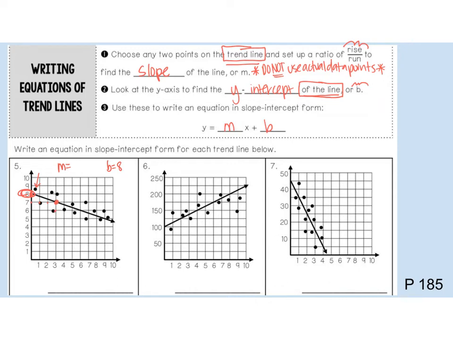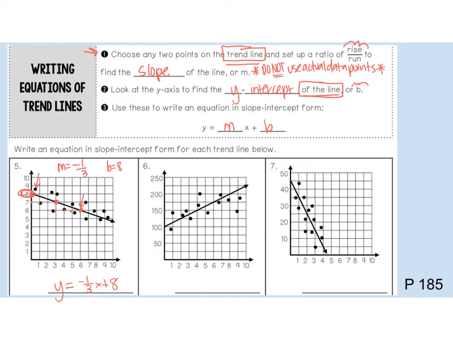I drop 1 and run 1, 2, 3. And again, there's not a data point here, but we're following points on the line, just like we did in step 1 up here. So if I'm dropping 1 and running 3, my slope is -1/3. y equals -1/3 x plus b. Oh, not b, plus 8.